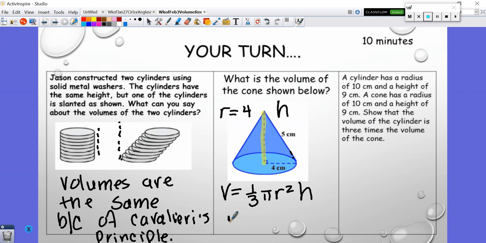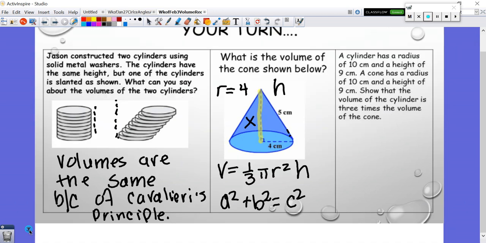So we're going to say, because we need this side, a squared plus b squared equals c squared. And eventually you'll start getting used to seeing these Pythagorean triples. So if you see a combination of a right triangle with 4 and 5, you automatically know the other one is 3. But if you forget, I'm showing you the math here. So I'm going to say x squared plus 4 squared equals 5 squared.